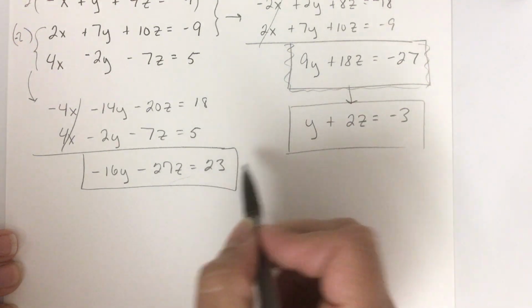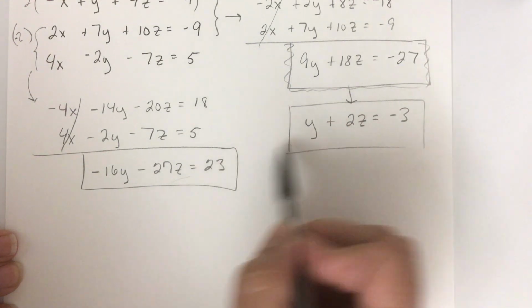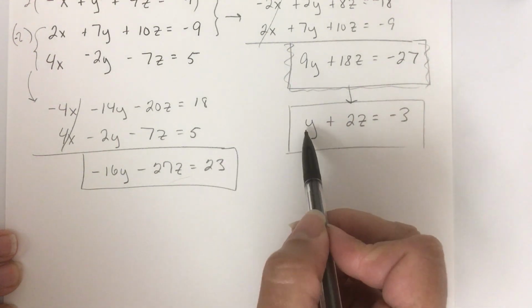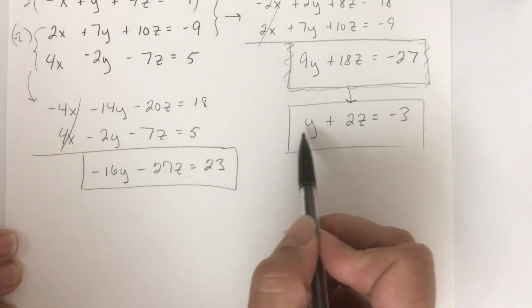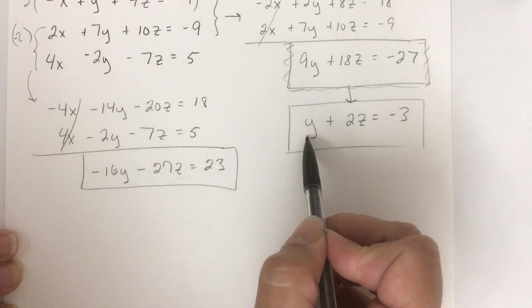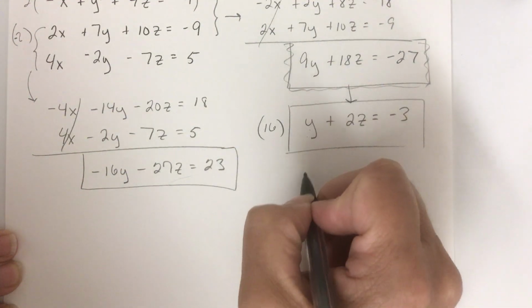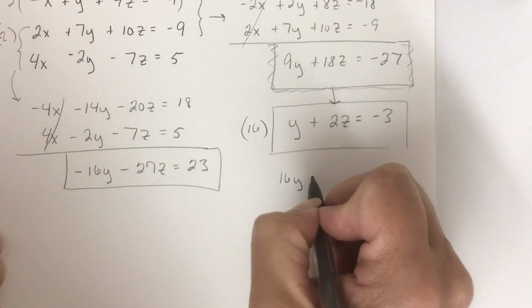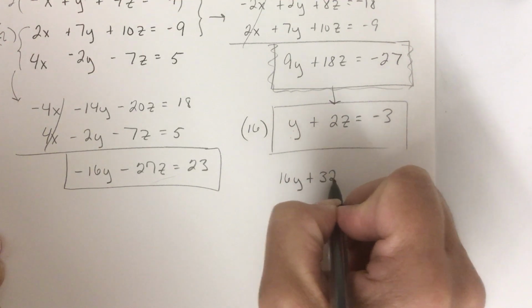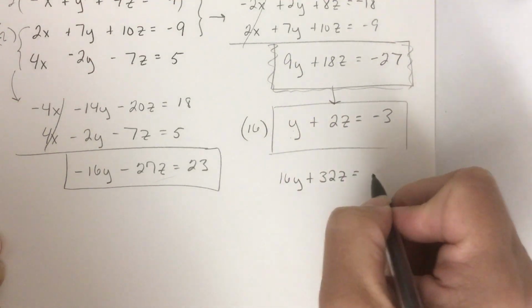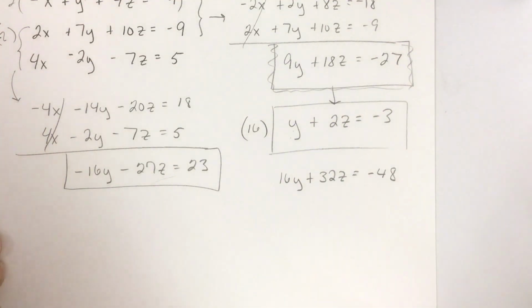Okay, now I want to put these equations together and get rid of something. Well, if I have a 1y, I'm going to work with that. So I'm going to multiply this equation by a +16. That's going to give me 16y plus 32z equals -48.